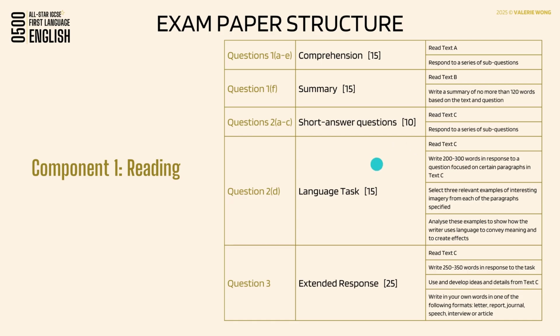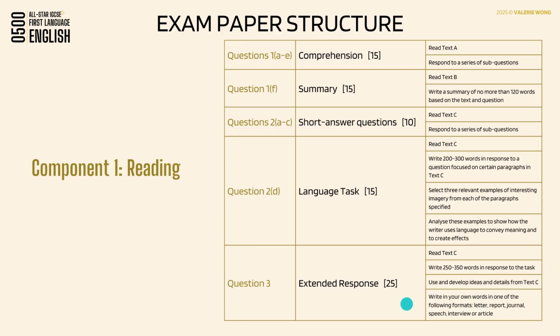And then you have to reread text C for the language task and write around 200 to 300 words in response to a question, focusing on certain paragraphs in text C. So you select 3 relevant examples of interesting imagery from each of the paragraphs specified and analyze these examples to show how the writer uses language to convey meaning and to create effects.